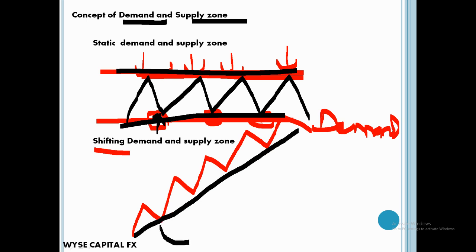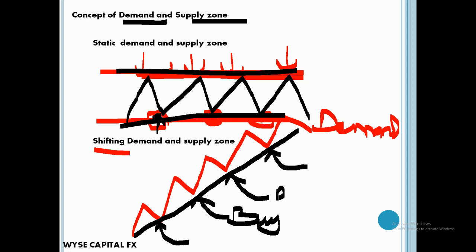And these areas are where we call shifting demand zone because these are areas where buyers are coming back to the market. So if you want to trade this kind of uptrend market, you want to join them with the shifting demand zone. You want to buy at this point, at that point, at that point.